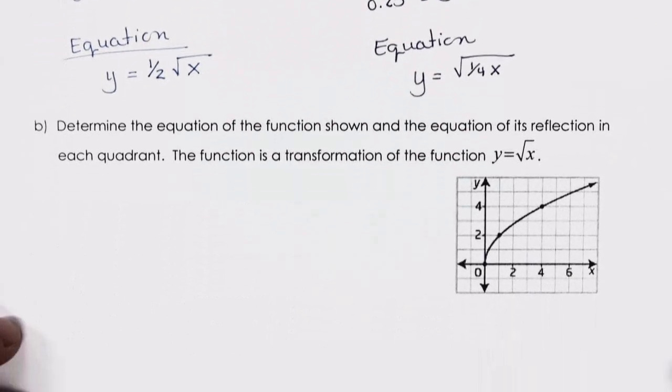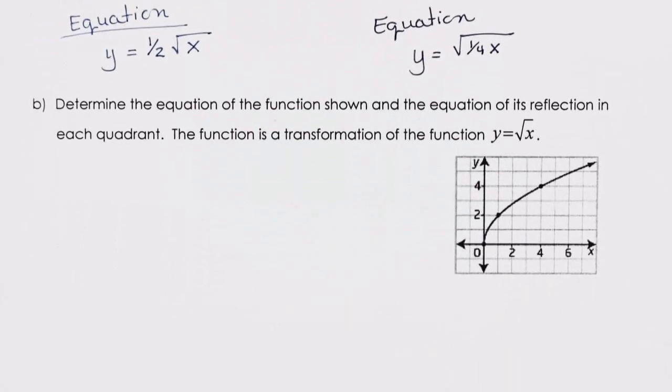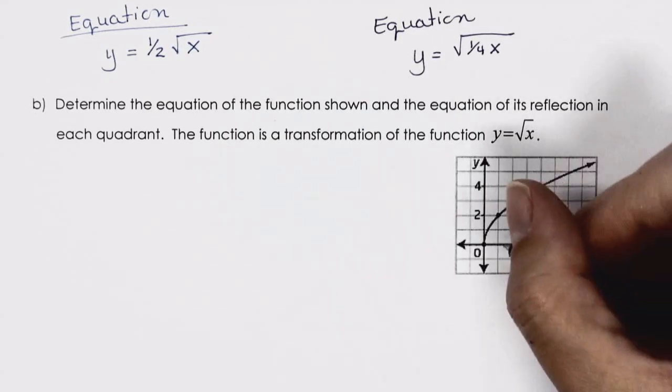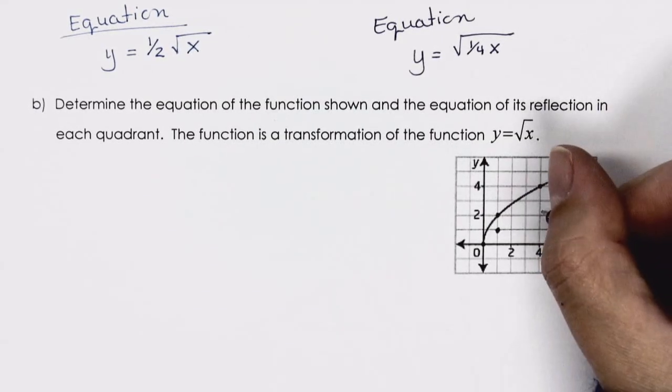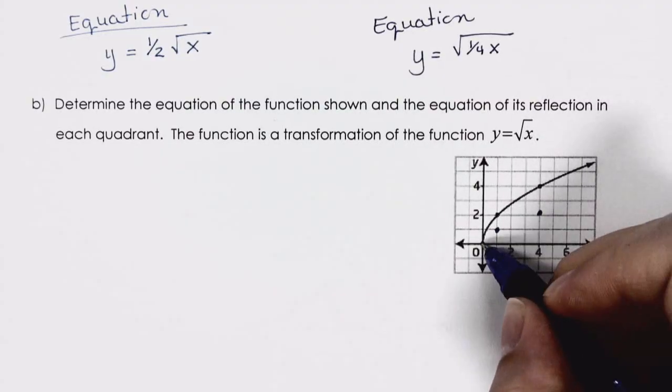Let's talk about this guy. Determine the equation of the function and the equation of its reflection in each quadrant. First of all, let's figure out its equation. What do you guys see there? The original one would be 1, 1, 4, 2.